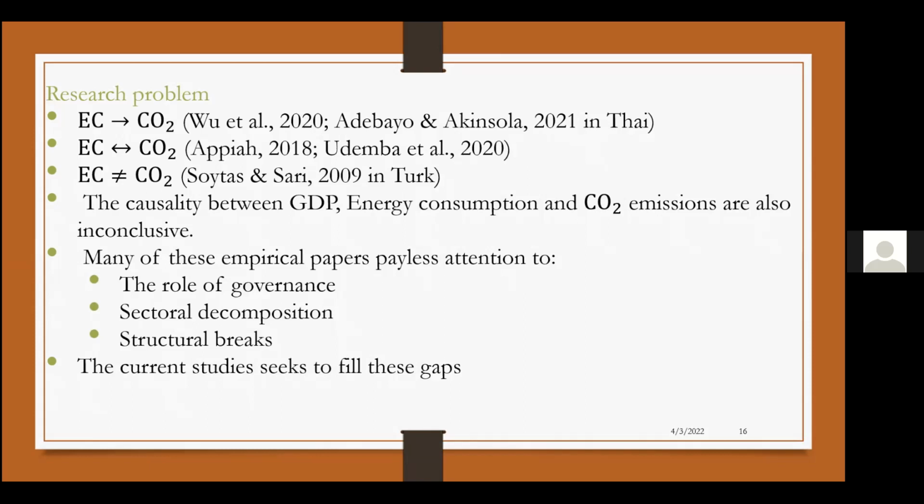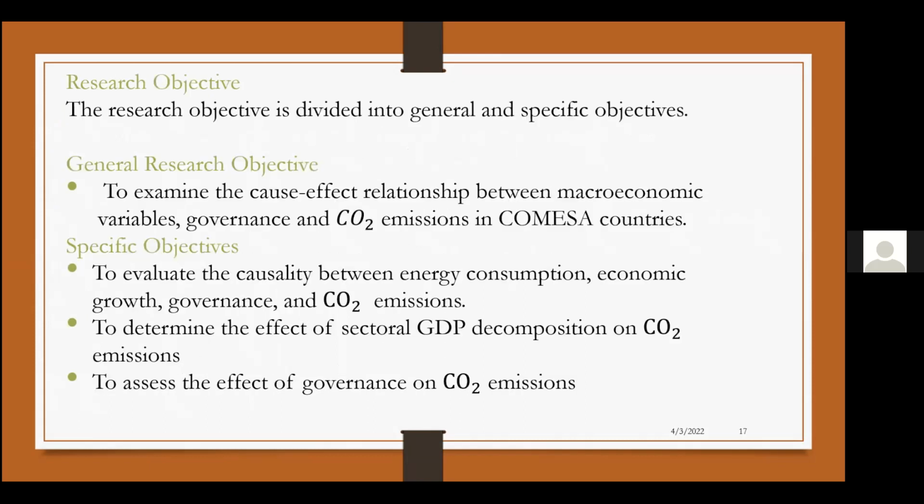These sectors of the economy are services, agriculture, and industry. But we also find that most of the studies ignore structural breaks in the modeling. So in this proposal, we seek to solve those issues and make a contribution to the existing body of knowledge.